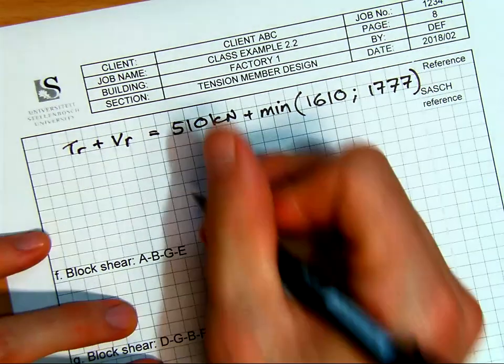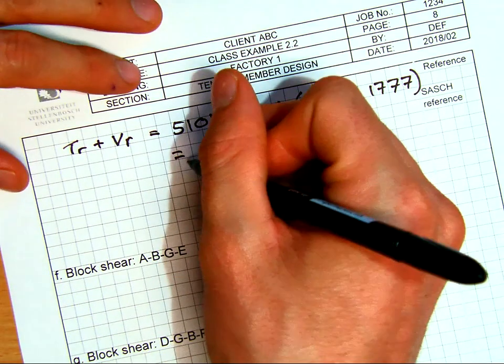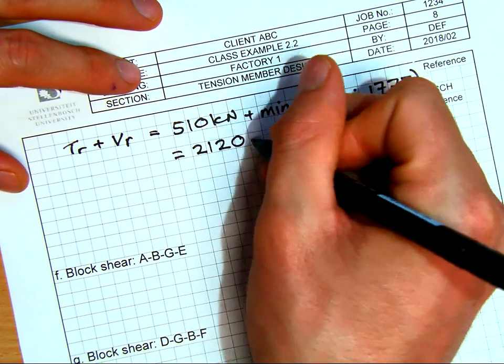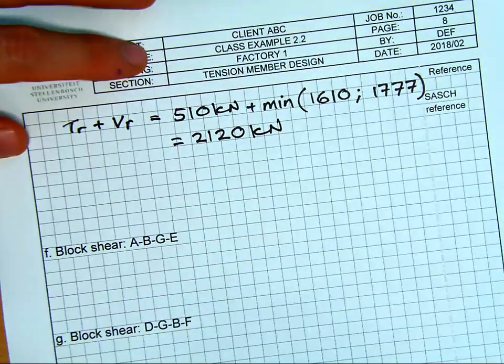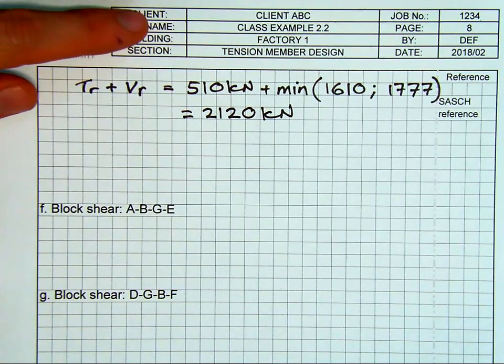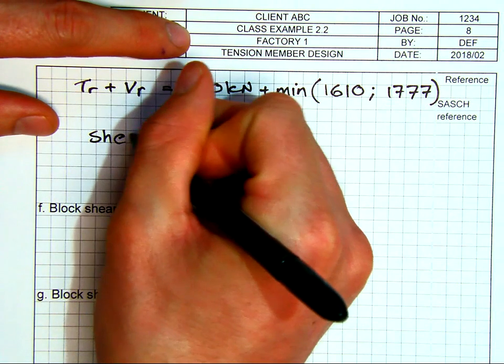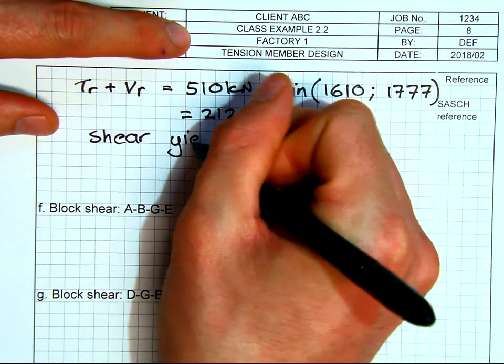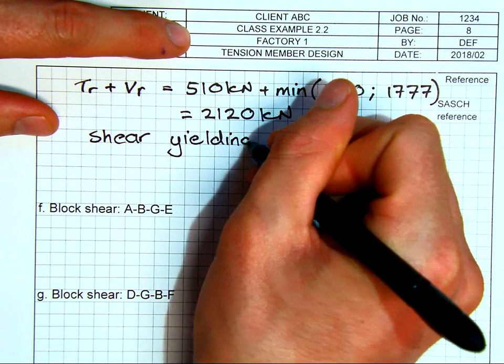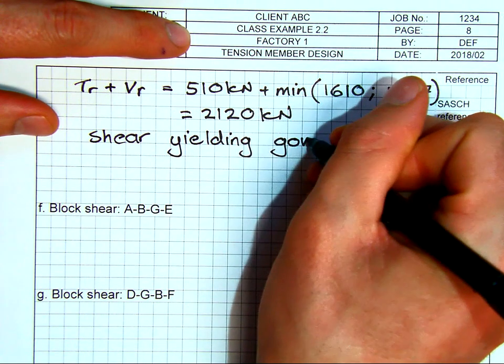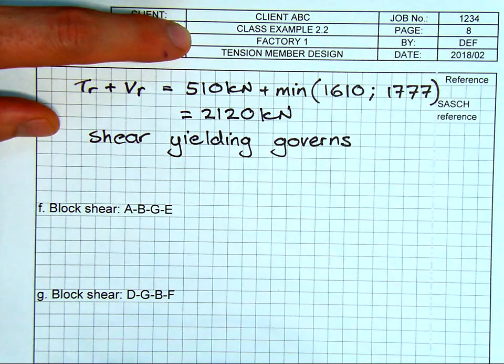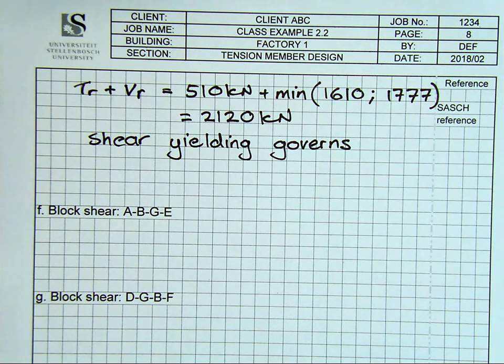So obviously it'll be the 1610, and we have a total capacity of 2,110 kilonewtons, and we can make the note that shear yielding governs. So this, once again, is a distinct failure mechanism compared to the other ones.